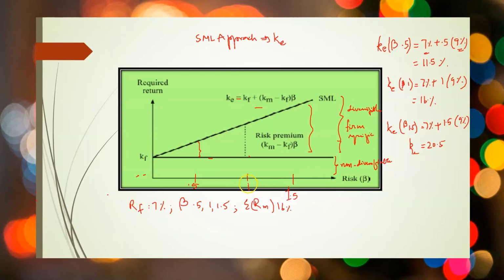So if risk is 1 time, your return or the cost of equity will be at 16%.